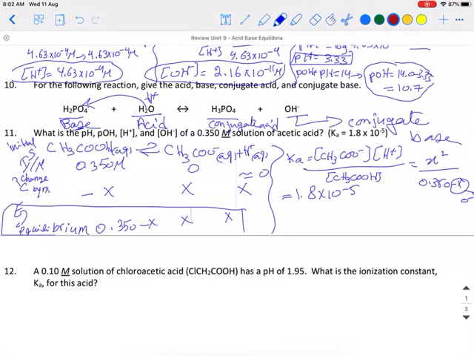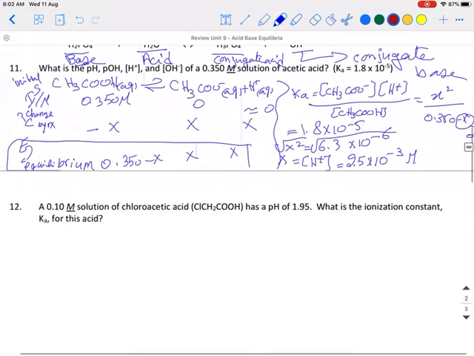After I do the calculation, X squared equals 6.3 times 10 negative 6. Now take the square root to solve for X, which is the value of H plus, and it will be 2.5 times 10 negative 3 molar.